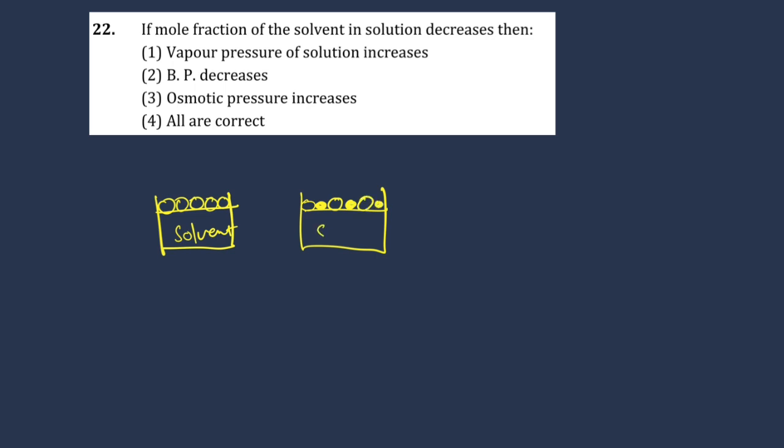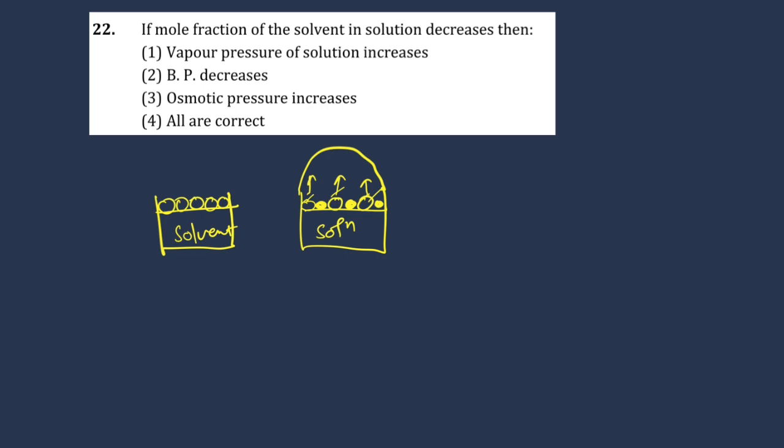Then here this is called solution. Solution meaning what is it? Solvent plus solute. Now read the question. If mole fraction of solvent in the solution decreases. Now what happened here? Solvent molecules are less. Then what happened? These are vaporized. Only solvent molecule will vaporize, not solute, because non-volatile solute added.